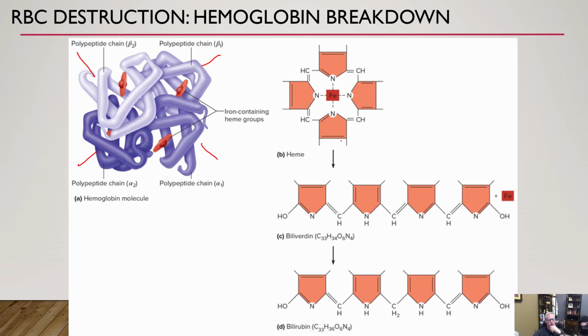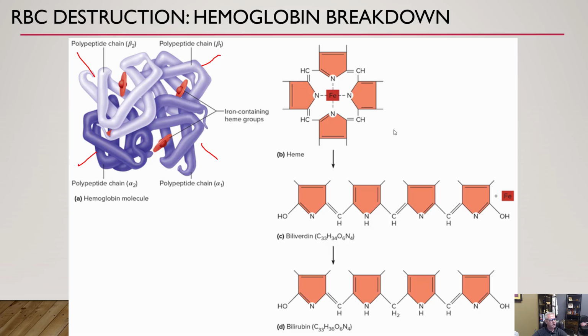And then we have the 4 different heme groups surrounded by globin, and two of these globin molecules have a beta chain, beta 1 and beta 2, and the other 2 have the alpha 1 and alpha 2.